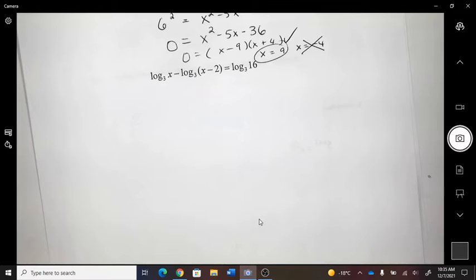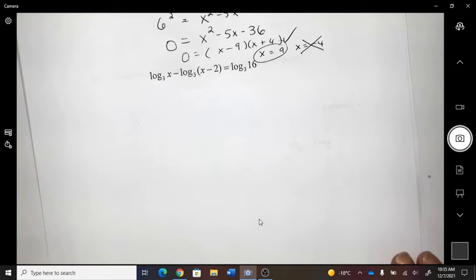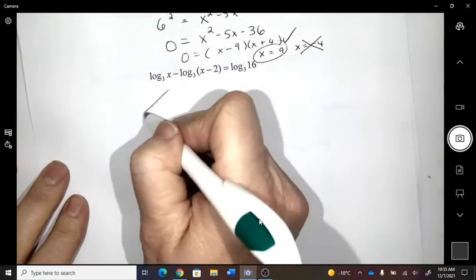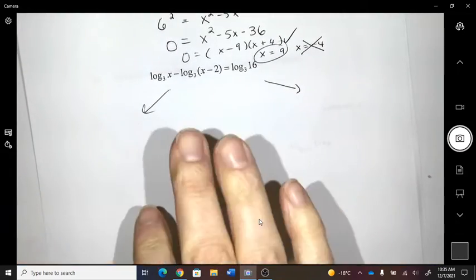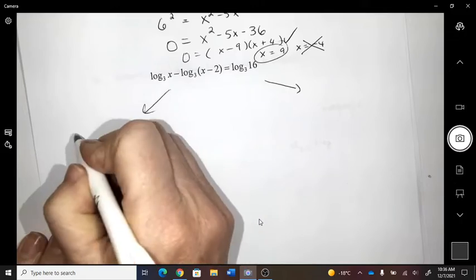Okay, the next one, you know what, there's actually 2 ways to do this, so I'm going to show you both ways. The first method, I'm going to move everything to one side here.